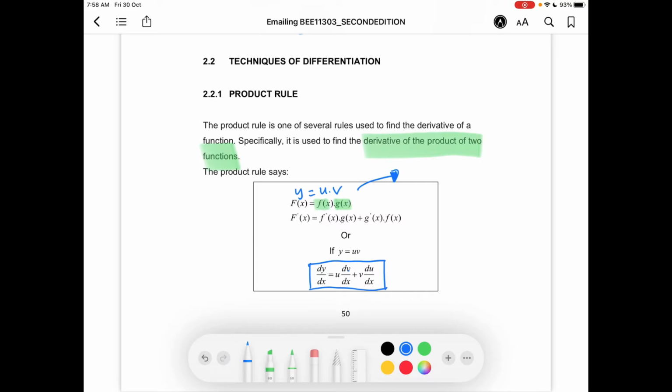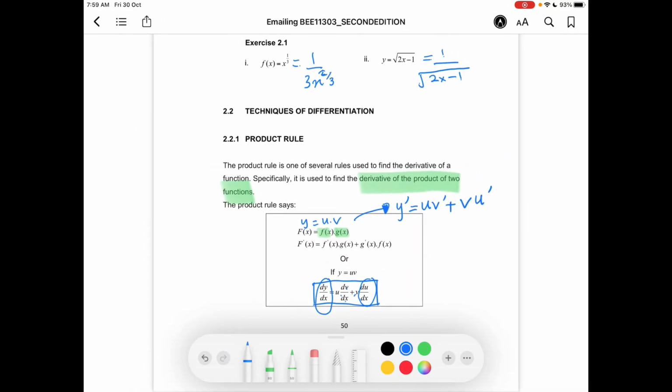You can also write this dy/dx as y prime equals u, with dv/dx written as v prime, plus v, where the second term du/dx we write as u prime. So what is v prime, u prime, and so on?